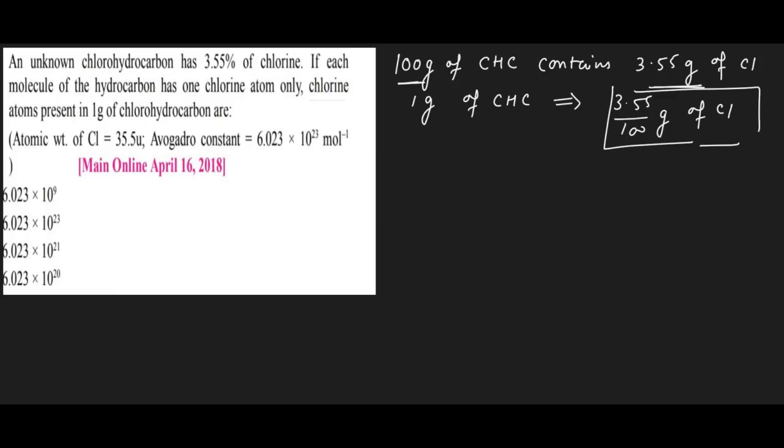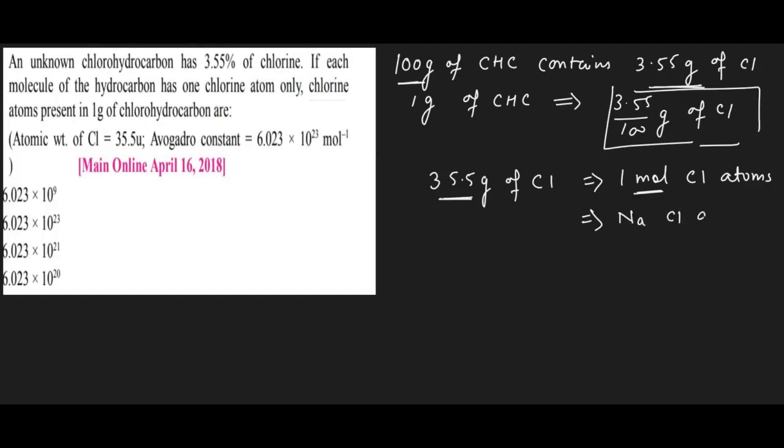So as we all know that 35.5 grams of chlorine is equivalent to 1 mole of chlorine atoms. This we know. The molar mass is always equal to 1 mole of chlorine atoms, which means Na atoms.